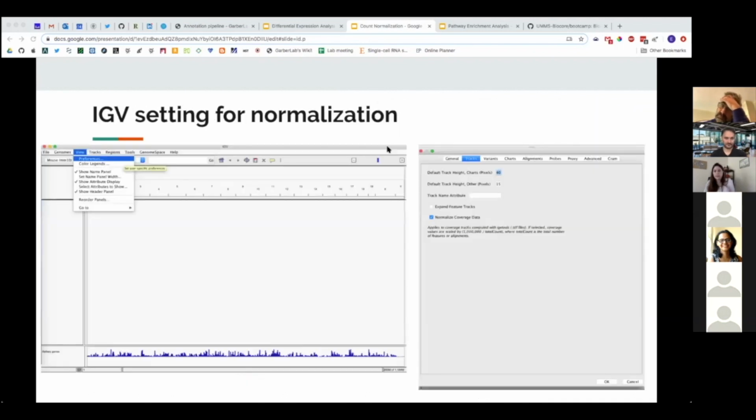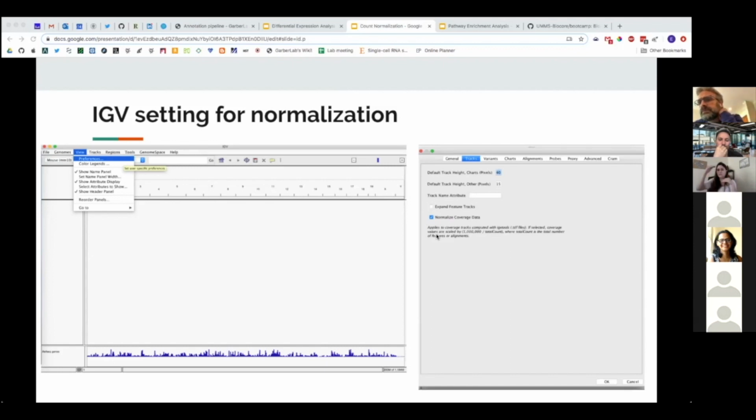And really quick, I just want to leave this as a note. I don't even have to say it, but you guys should also go to IGV and set this normalization preference. What this will do is that every time you load a TDF file, so a coverage file, in your IGV, it will normalize your data by the library depth.